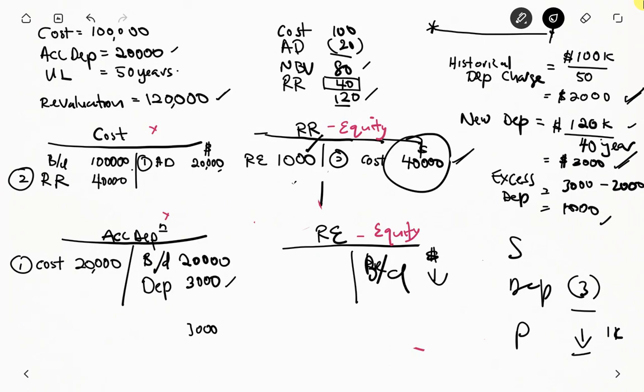Lower by 1 from the P&L. So that's the excess depreciation 1,000. You transfer, we add another 1,000, so no effect on our retained earning. Because this becomes realized, we maintain the amount that we can declare as dividend.